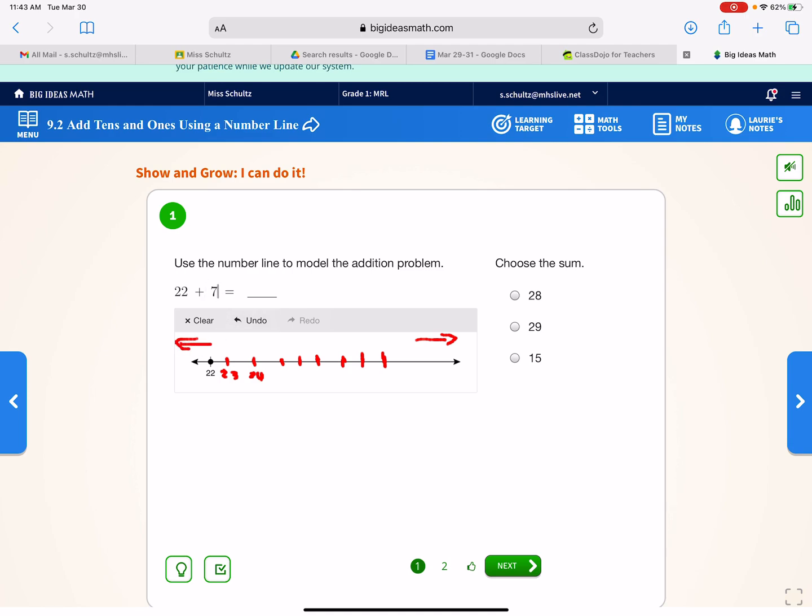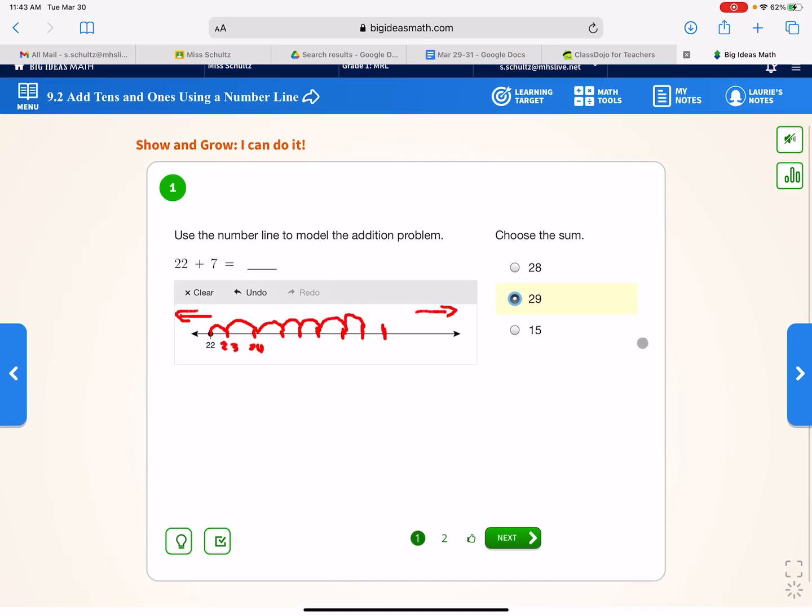Since we're adding 7, we go upwards 7 times: 1, 2, 3, 4, 5, 6, 7. So from 22: 23, 24, 25, 26, 27, 28, 29. We got 29 as our answer, and that is one of our answer choices.